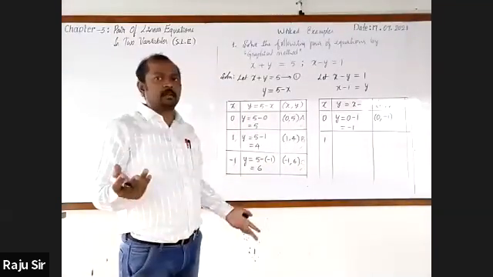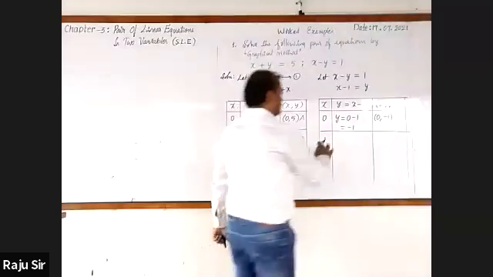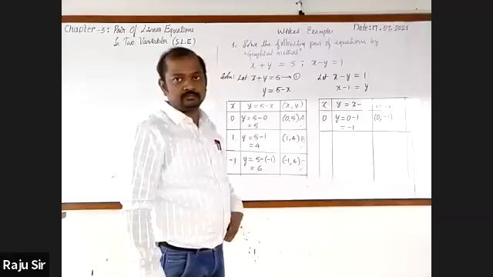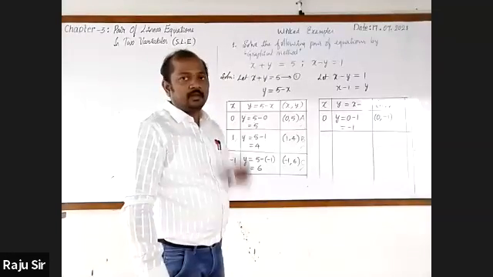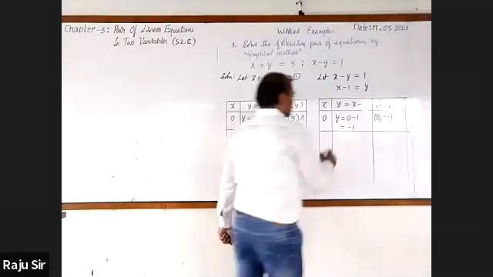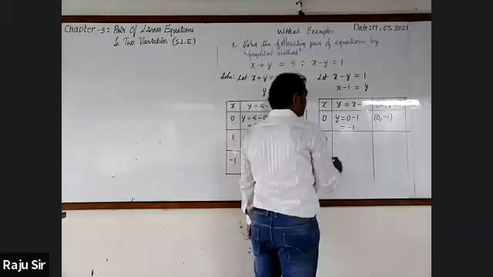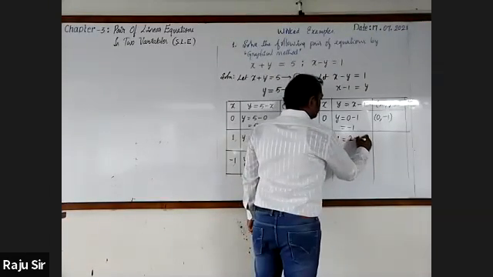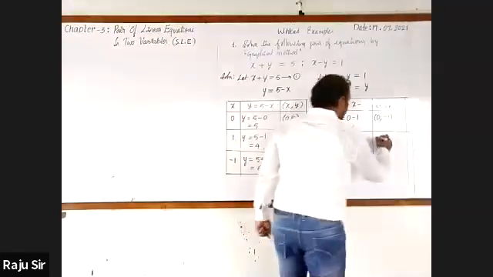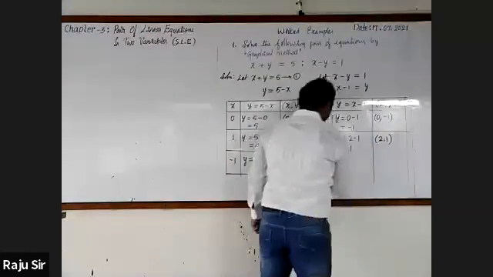You may take other numbers also. Shall we take 2? Yes, sir. 2 comma y is equal to 2 minus 1. Then coordinates of the point will be 2 comma 1.